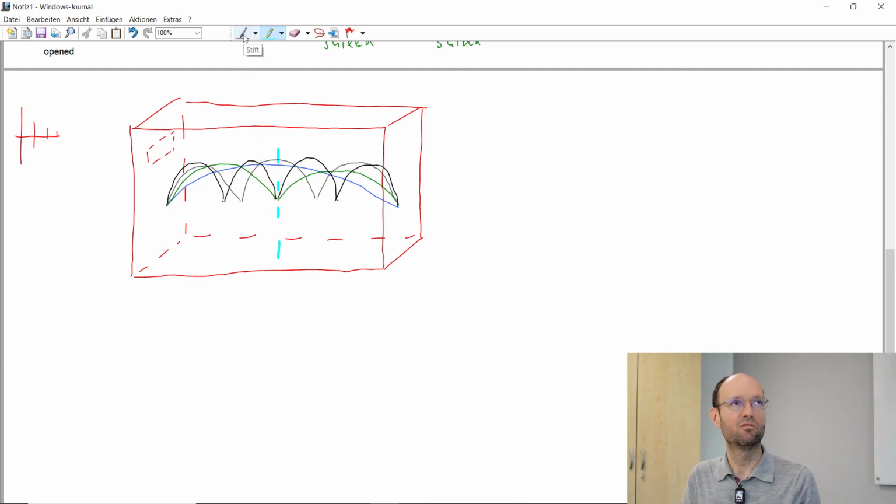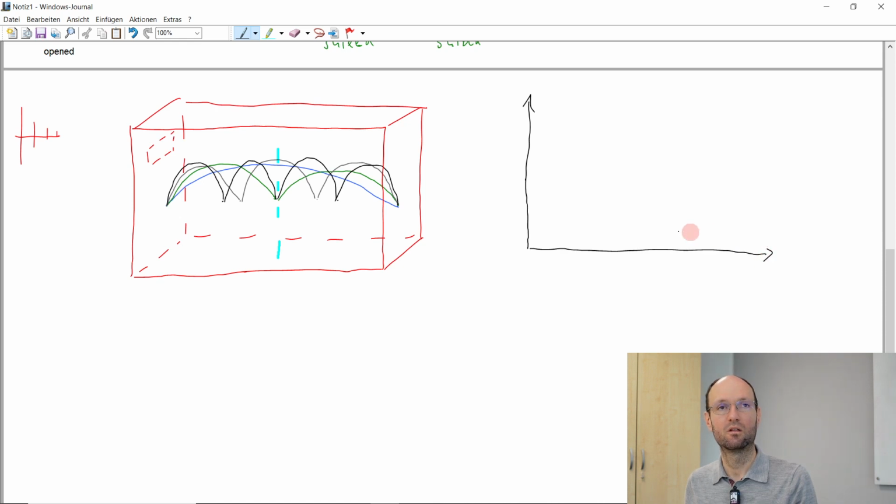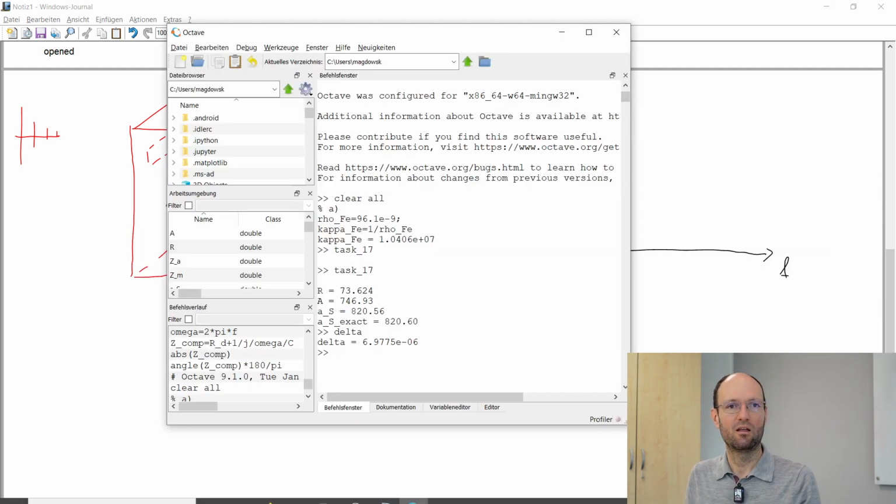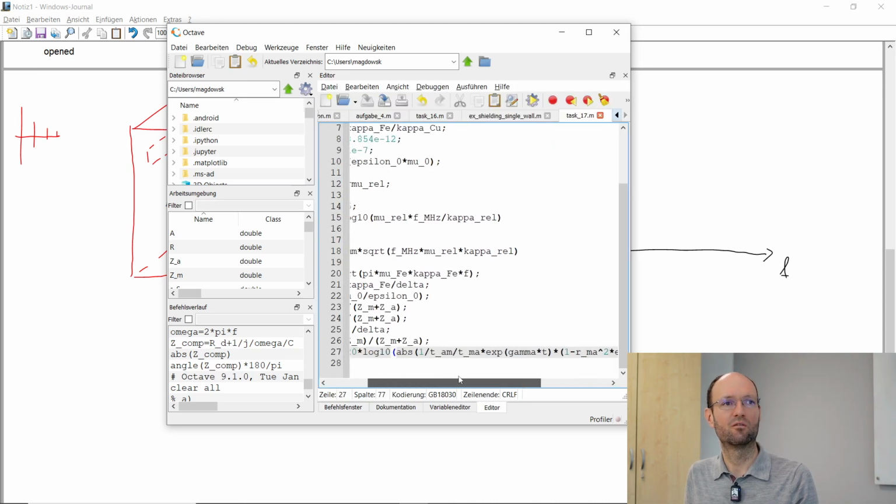So now if we would plot the shielding effectiveness in terms of frequency, this is frequency and this is our shielding attenuation, shielding effectiveness. Usually we would expect, and maybe before we draw this, maybe we can go back to our Octave calculation and check how this would change.